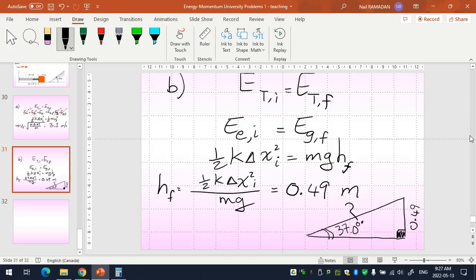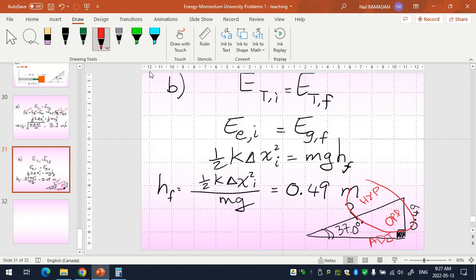So SOH CAH TOA. Let's label. What am I trying to find? The hypotenuse. And we do have the opposite. The adjacent is completely irrelevant.